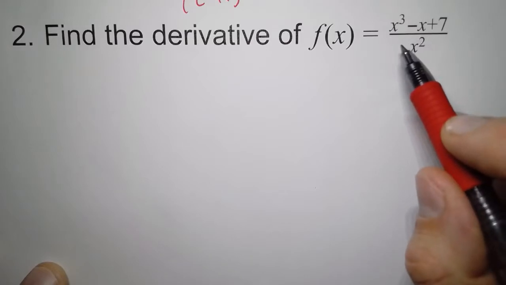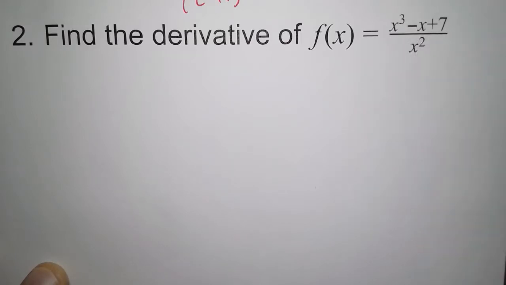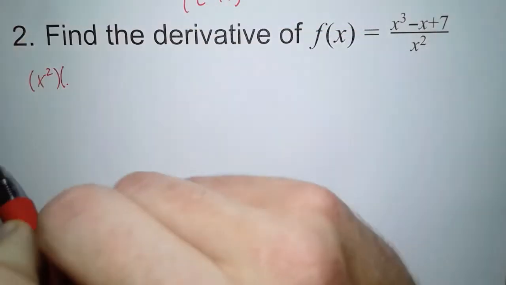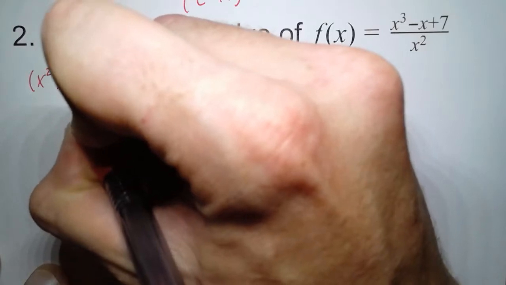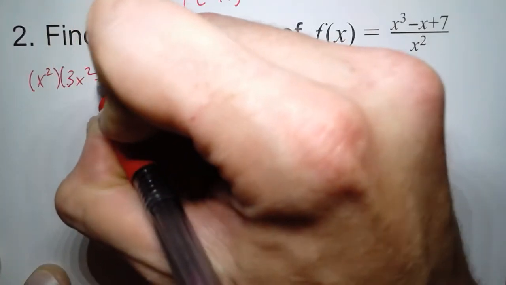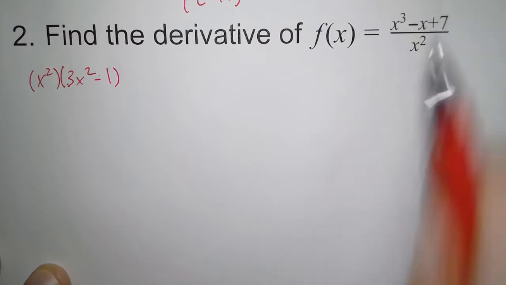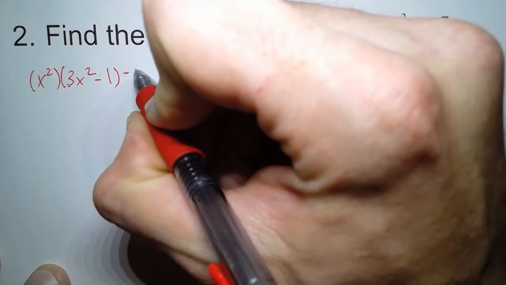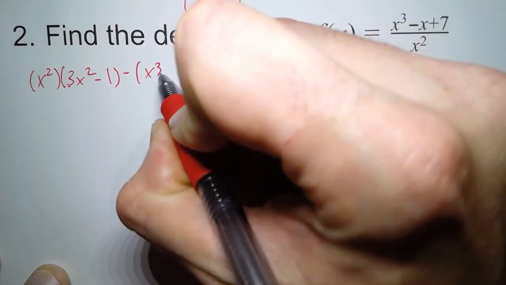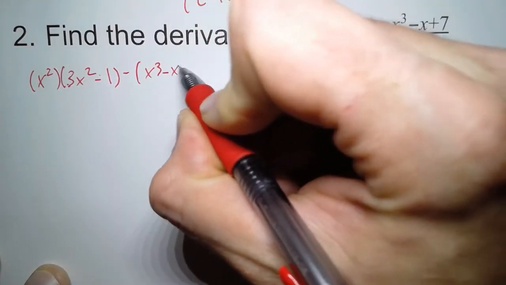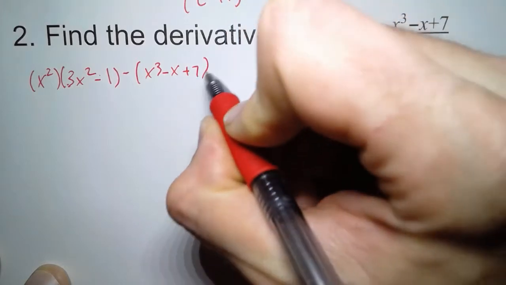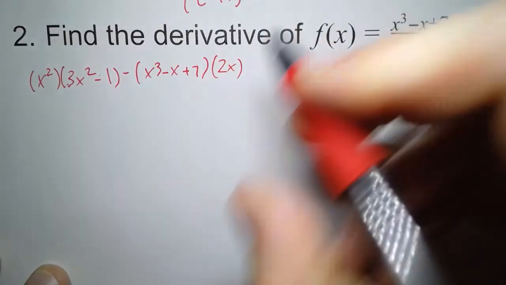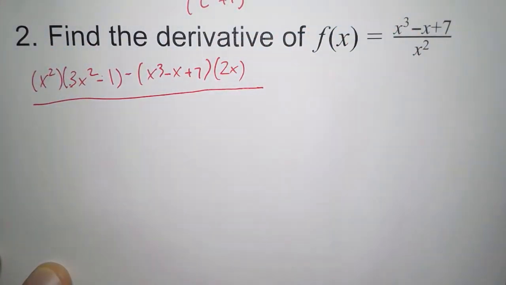So we say low d high, so first we take x squared, d high, the derivative of the numerator is 3x squared minus 1, the plus 7 disappears because that's a constant, minus high, so we take the numerator, x cubed minus x plus 7 times d low, that's 2x, all over low low.